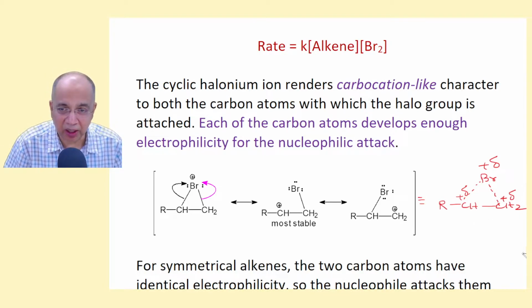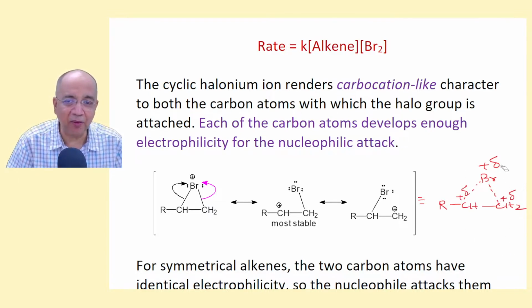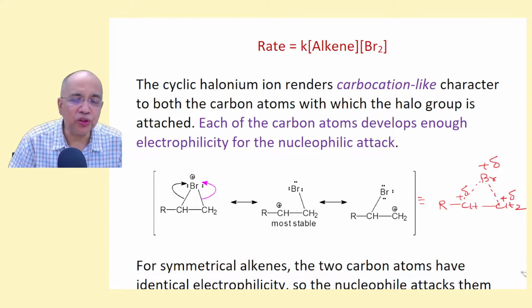If one bromide ion attacks here, this bromine will be standing up. If the bromide ion attacks here, this will stand up. So there is no regioselectivity, regiospecificity for halogenation.